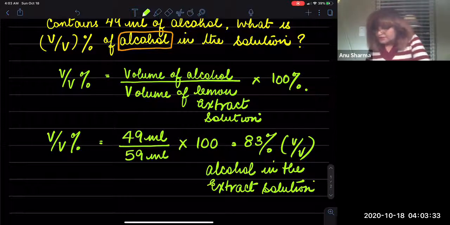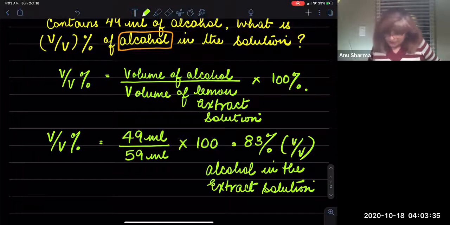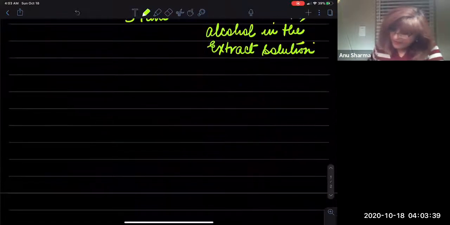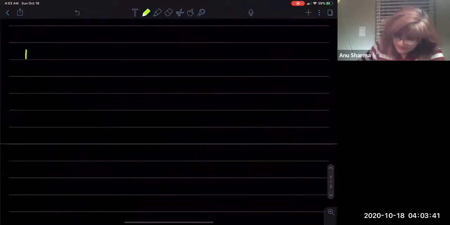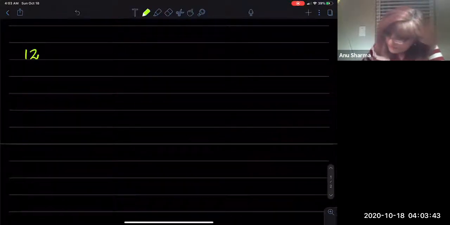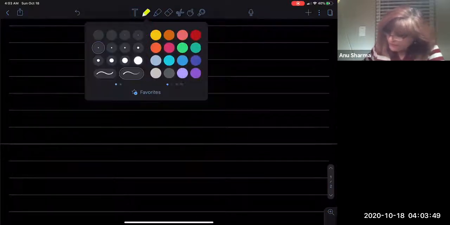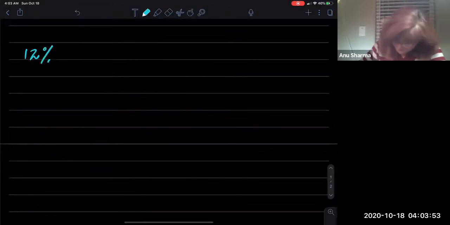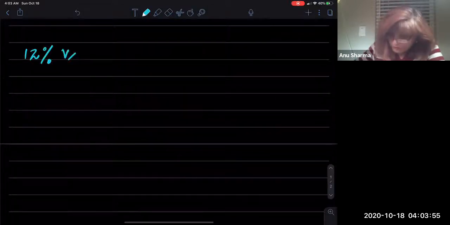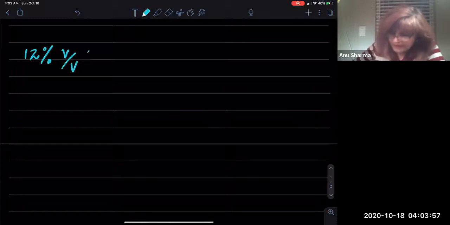Okay, now let's look at how we can use this further. So let us say you are given a 12% volume by volume ethanol solution.